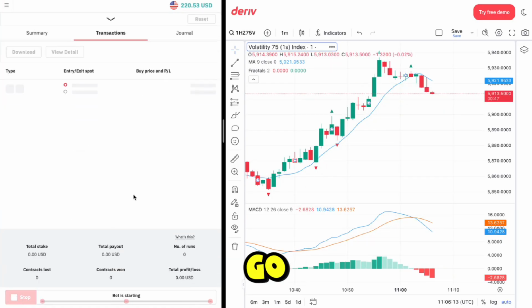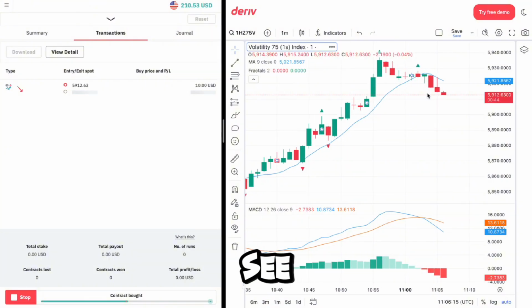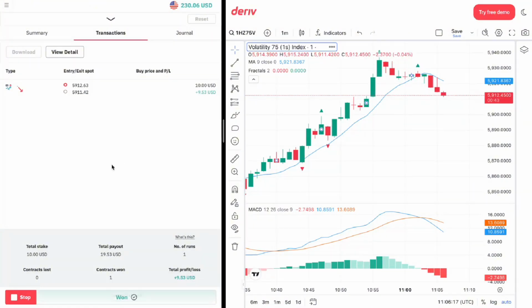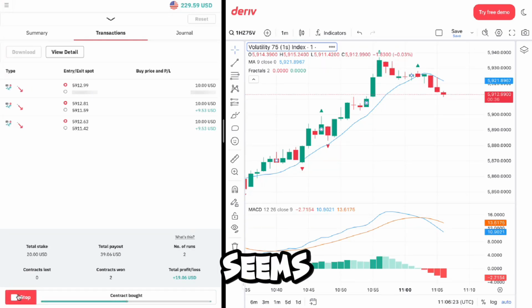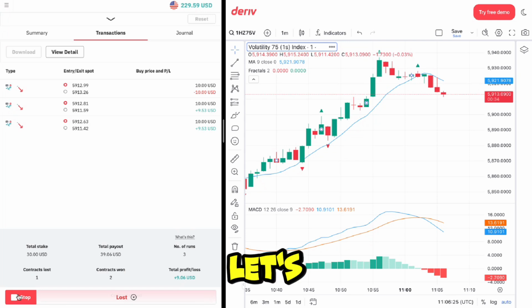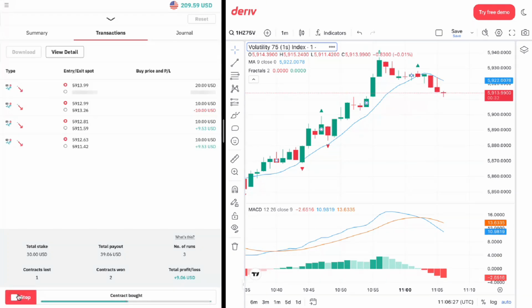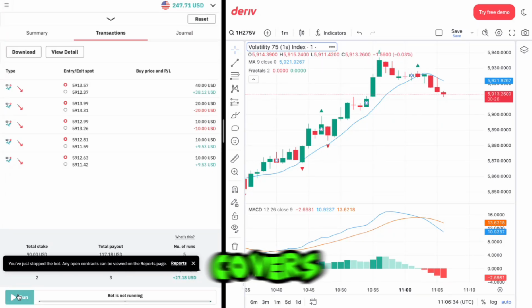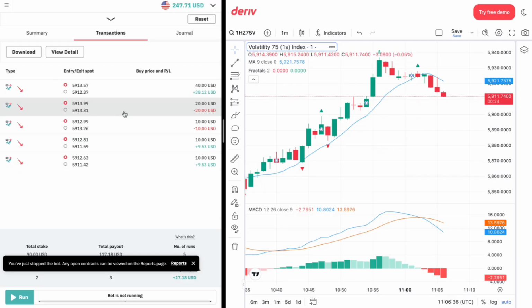Yeah, let's go. So let's see, 3 maximum trades. So the third one seems to have started changing. Let's see if it recovers. When it recovers, just stop it.